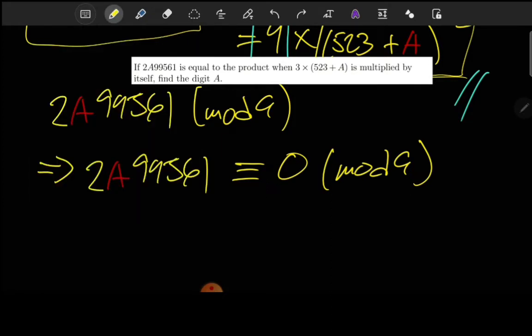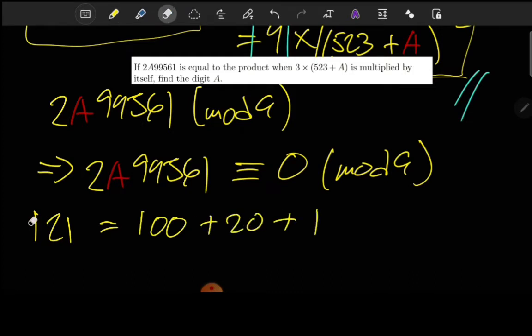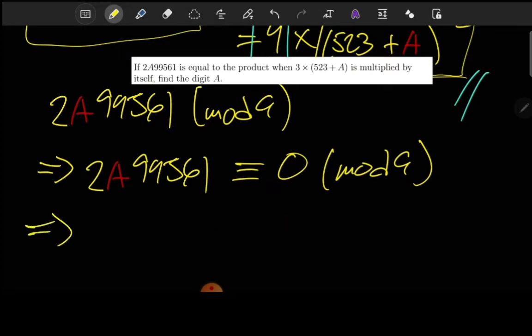Anyways, next we're going to expand this. What do we mean by expansion? For example, 121 is just equal to 100 plus 20 plus 1. So how many digits do we have?